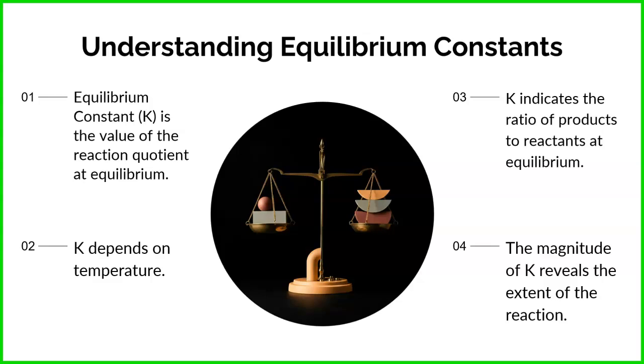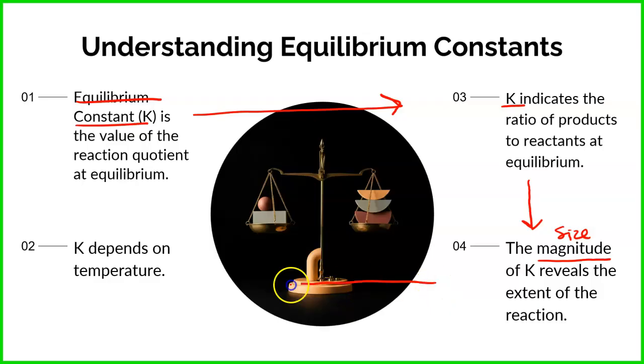When we look at this equilibrium constant, or K, it's the value of the reaction quotient at equilibrium. K indicates the ratio of the products to reactants at equilibrium, and the magnitude, or size, of K reveals the extent of the reaction.